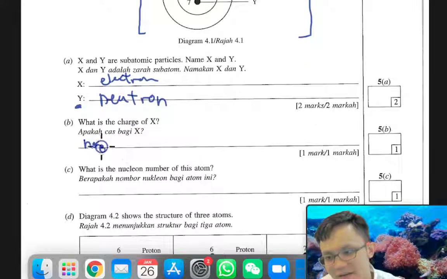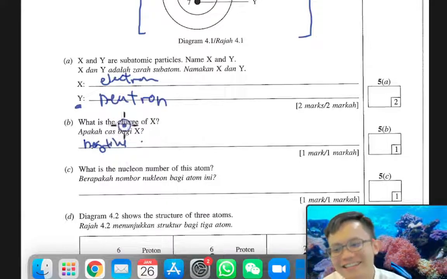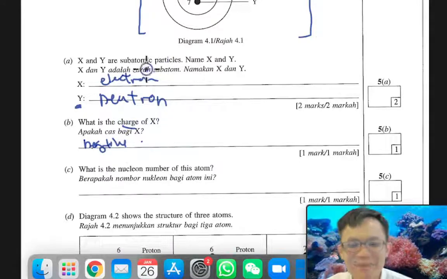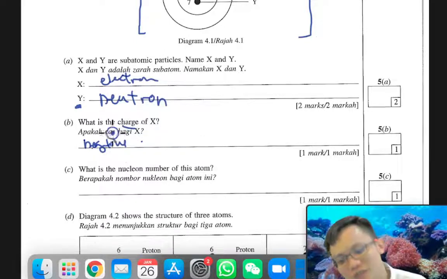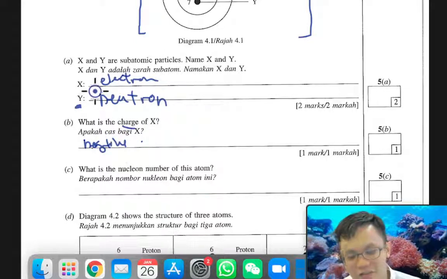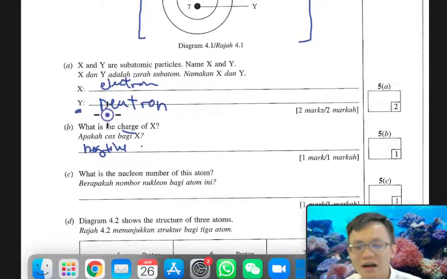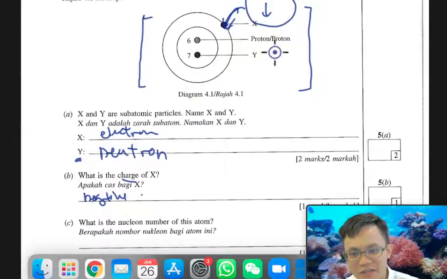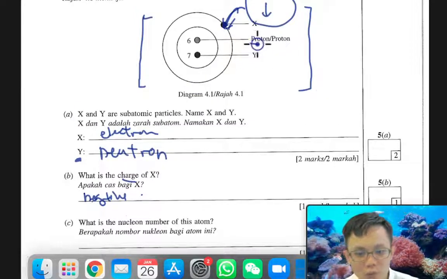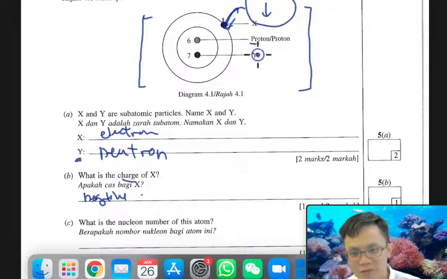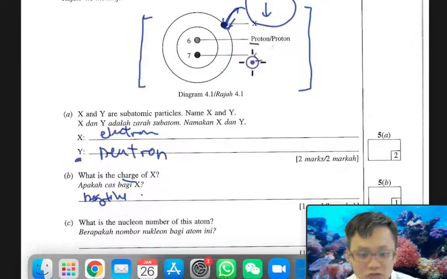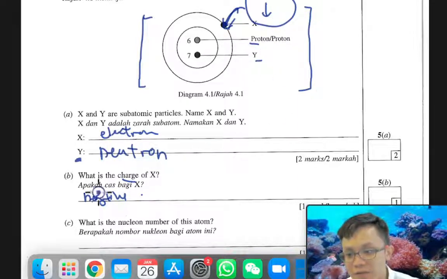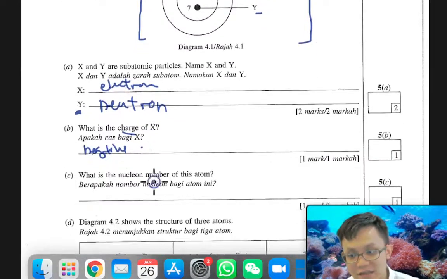Just now we Googled and saw the column talking about the electrical charge. It's negative, and we can see the proton is also positive, starting from P, and Y is the neutron, which is neutral, with no charge. So the charge of X is negative.